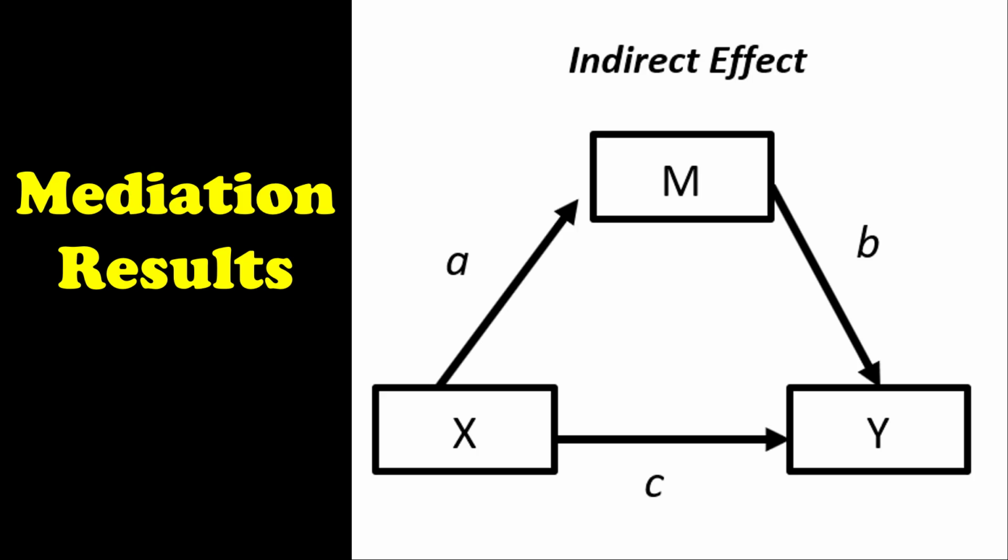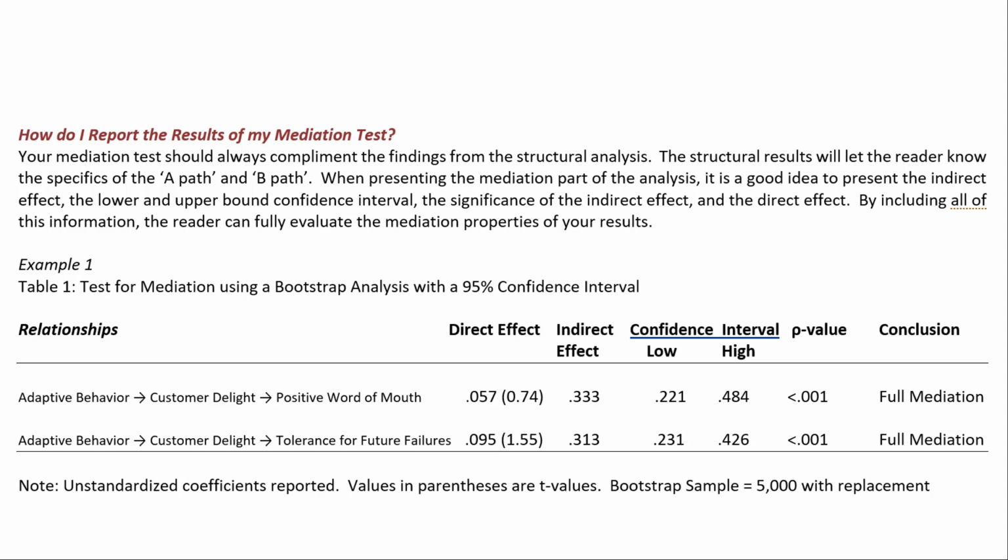So that may actually get presented in the structural results. But the indirect effect is really something different. And to assess indirect effects, we most likely will be doing a bootstrap. I've got a whole other video on this if you're interested in how to assess indirect effects. But this is really just focusing on how to present those results.